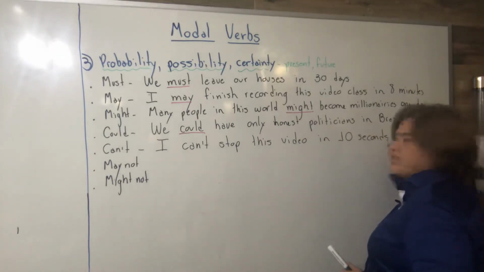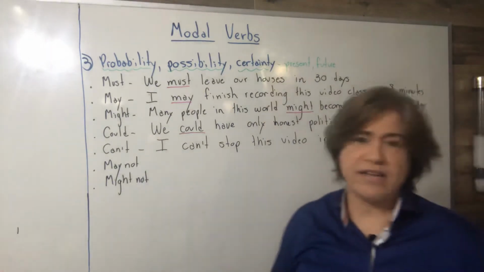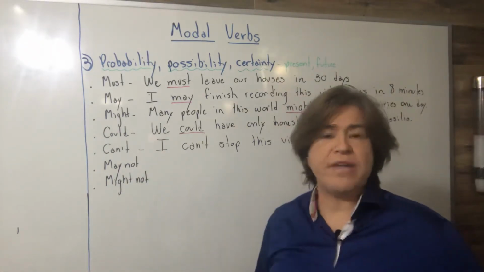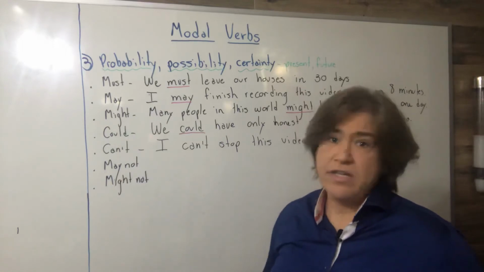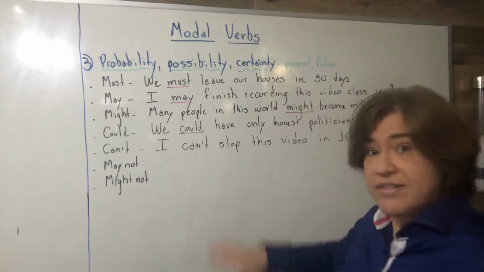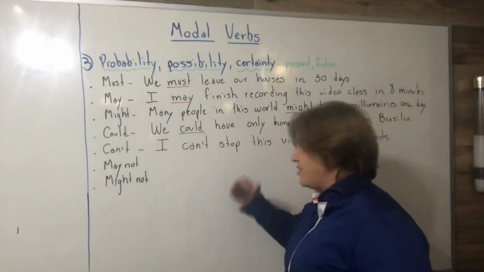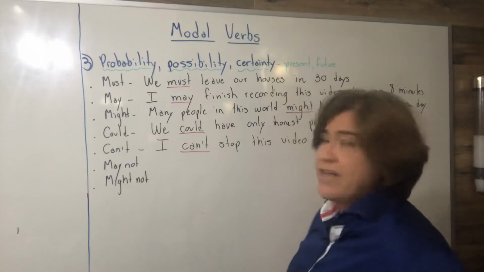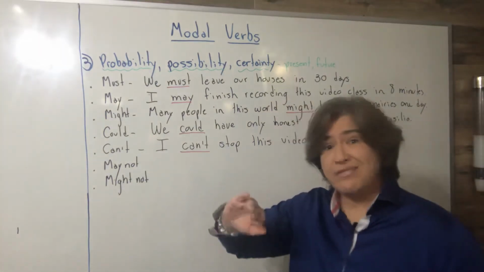No, certainly I can't stop in 10 seconds because I have two more modal verbs to speak about with you, okay? 10 seconds are gone, all right? So certainty, this sentence is perfect, certain. Can't stop, okay?